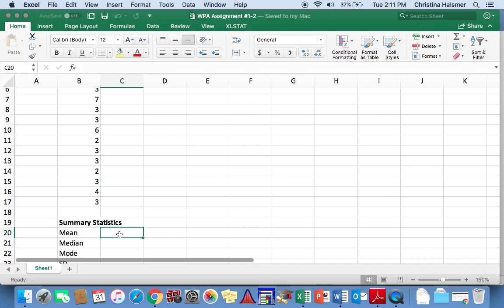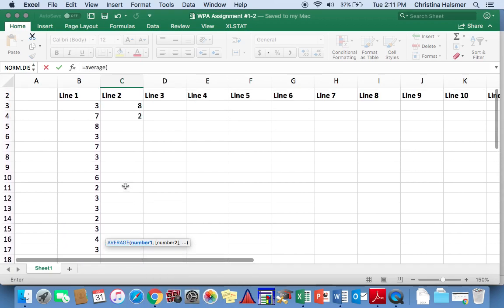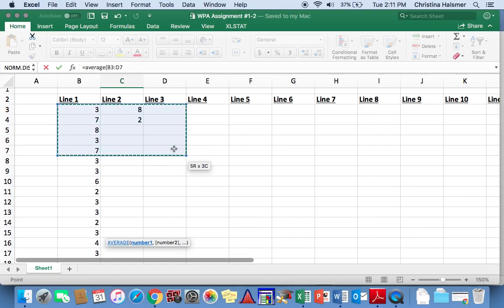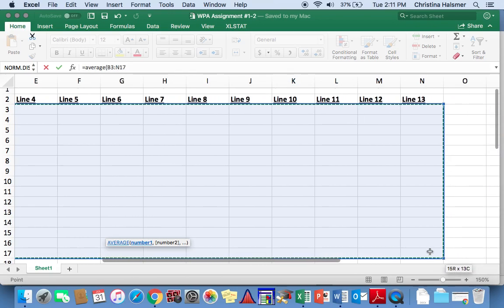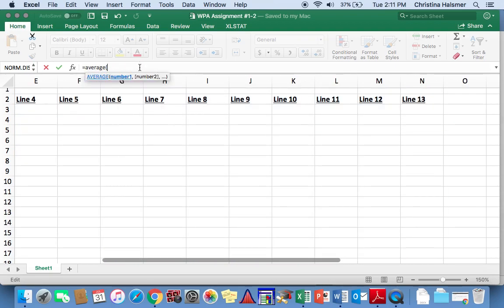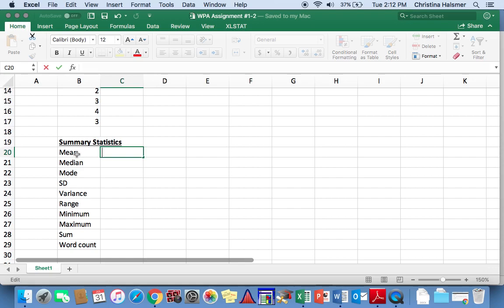When you're typing in that formula, let's say average and then parentheses, when you go to select the cells, make sure that you're selecting the entire list here, and then you can go through and calculate it. Just to clarify again, you're only going to have one answer for the mean because it's your mean value for the entire letter. You'll only have one answer for the median, and so on.